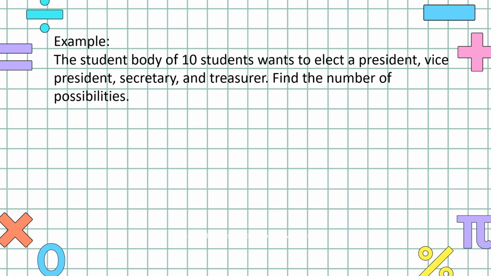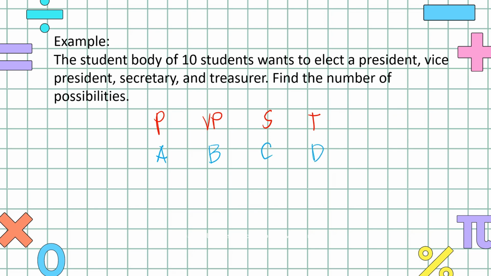Now, why is it a permutation problem? Let's take again a specific example. Since we're picking for president, vice president, secretary, and treasurer, let's say A was elected as president, B as VP, C as the secretary, and D as the treasurer.